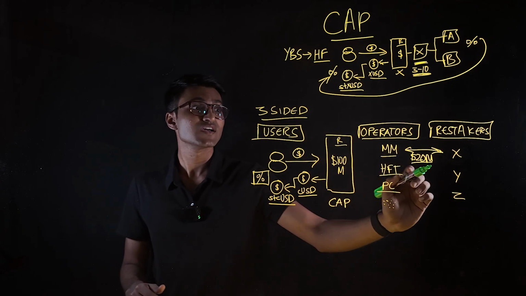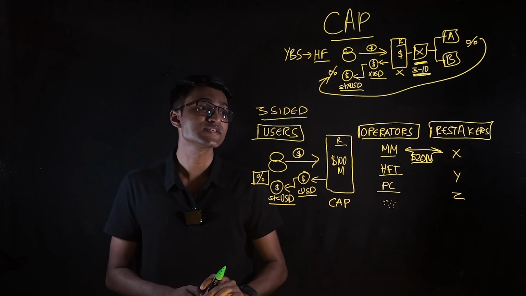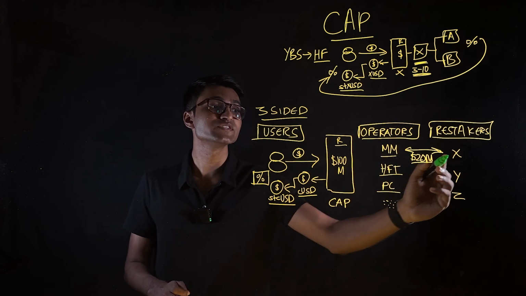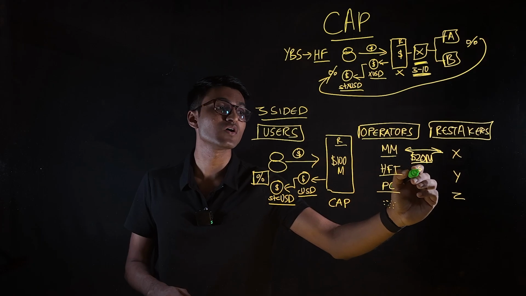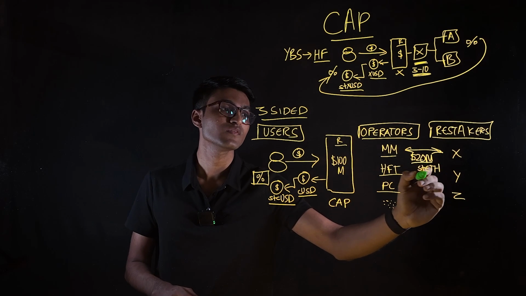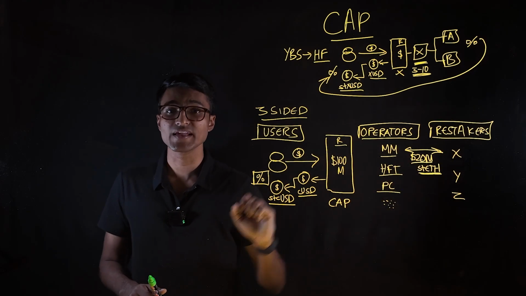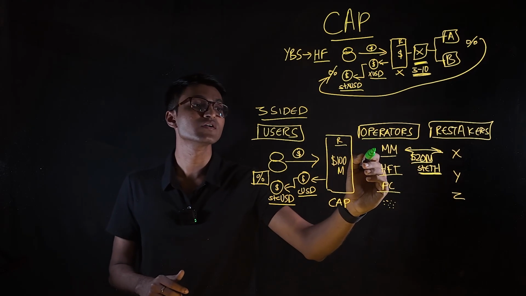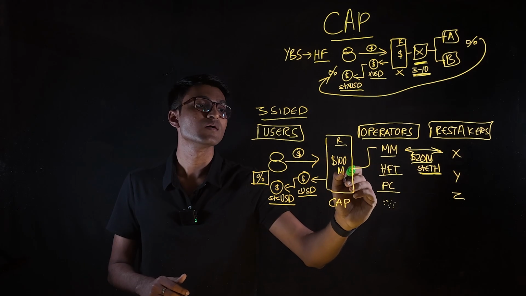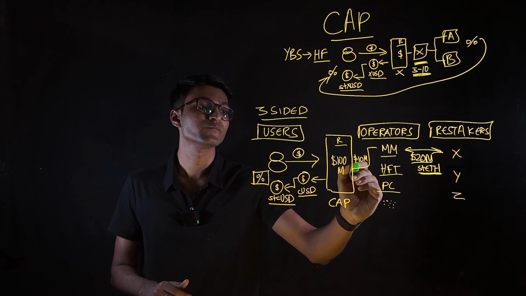So in this case, this market maker gets into a relationship with this restaker X, and this restaker X puts up $20 million worth of staked ETH. And with this delegated in CAP, this market maker goes and borrows maybe $10 million, right?